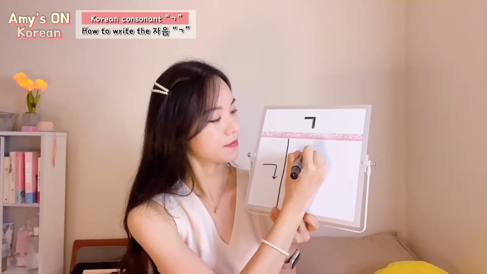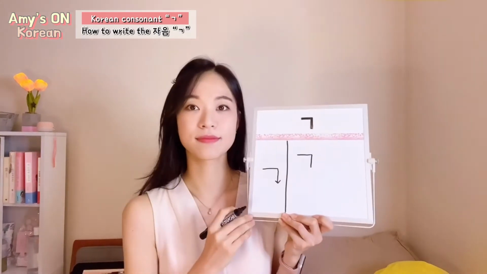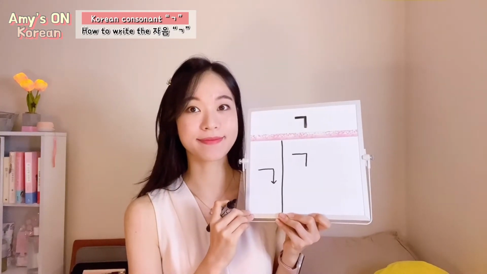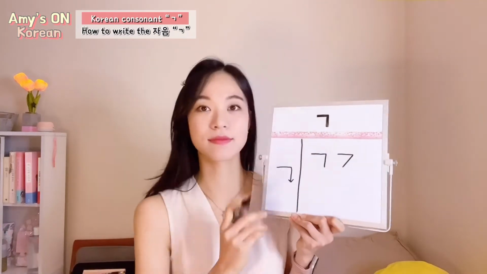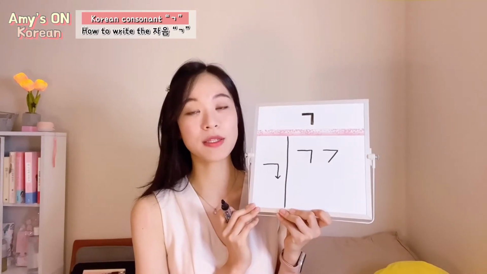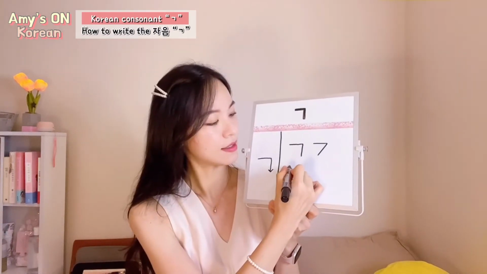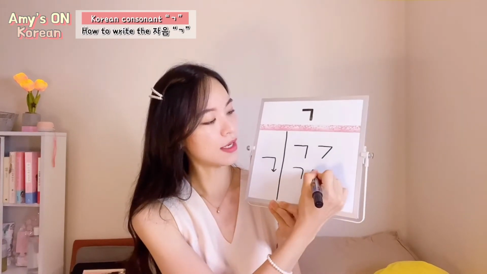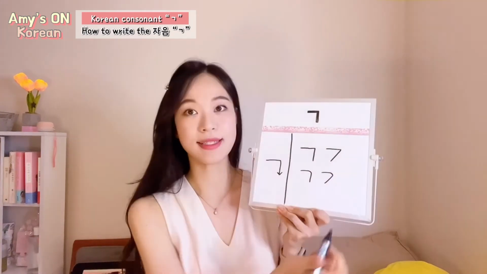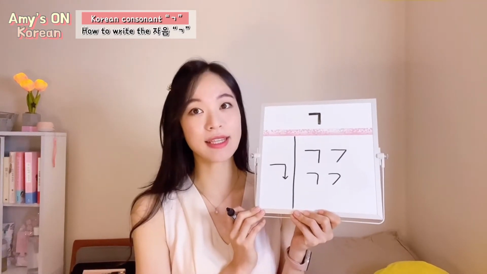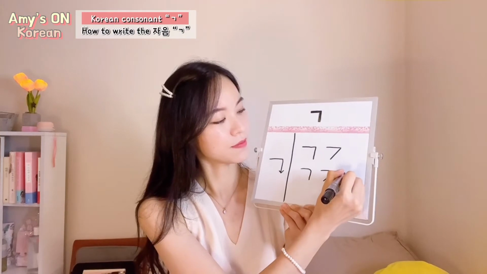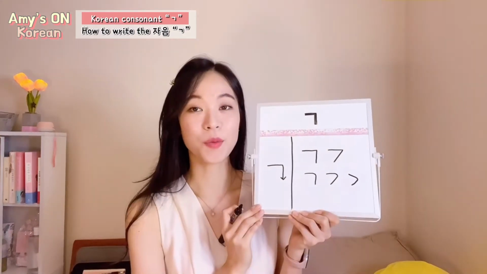Some people write 기역 like this, which is the basic form. And you can make an acute angle like this. Some people make a curve when they write 기역 like this or this. Some make it tilt slightly, so it also could look like this, which looks funny.